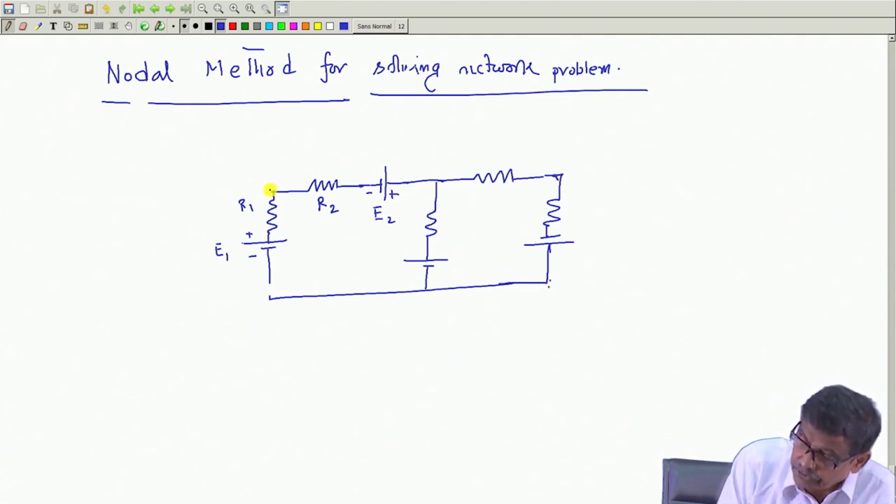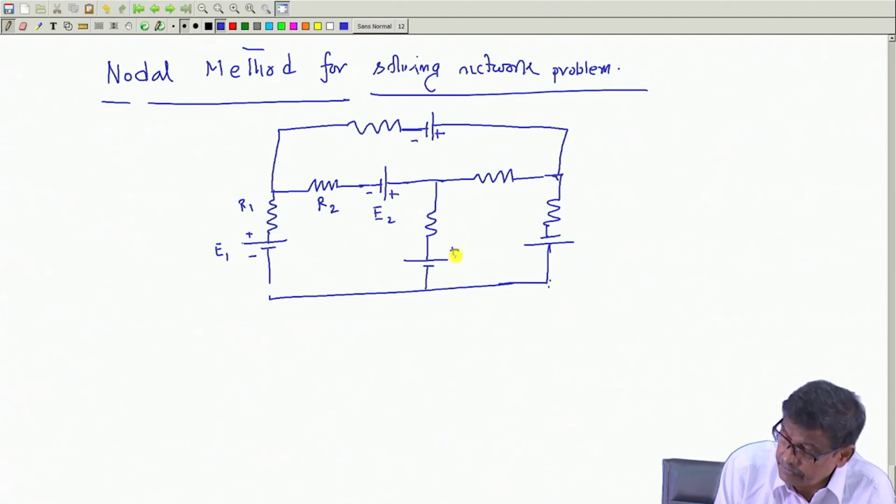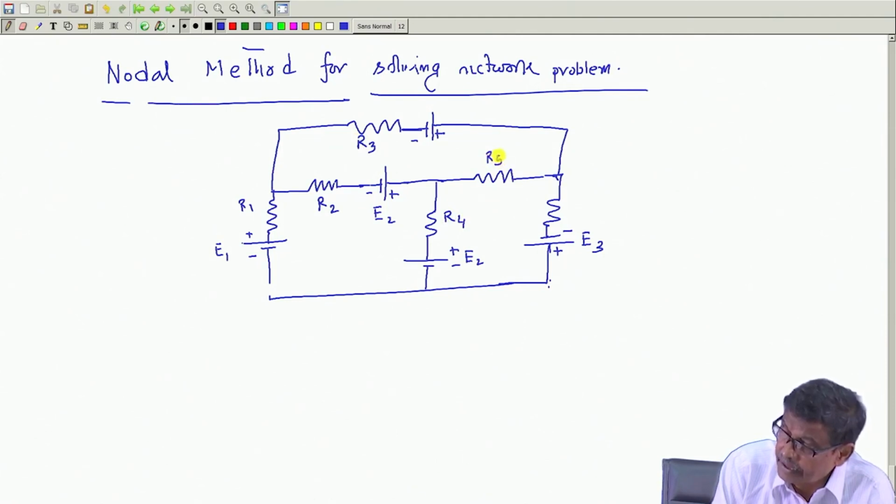Okay. And also there is something like here. So, E1, let this be E2, let this be E3, and this is R1, R2, say this be R3, and this be R4, R5 and R6.